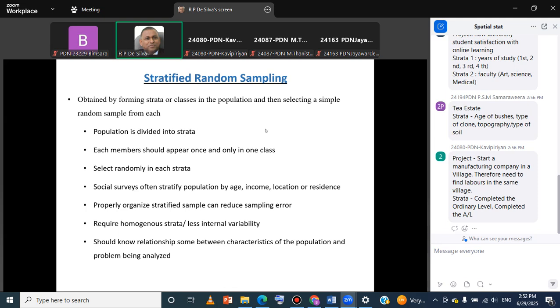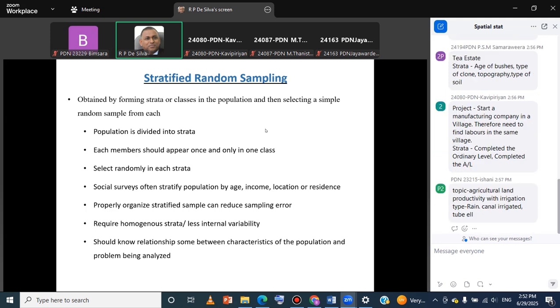Okay, some of you have sent your answers. I will take your examples and then explain how it is relevant. Now, first person, Pulavan said high forest, low forest. We don't know what is the objective of your sampling.